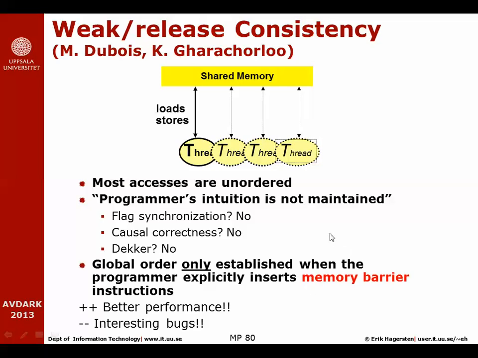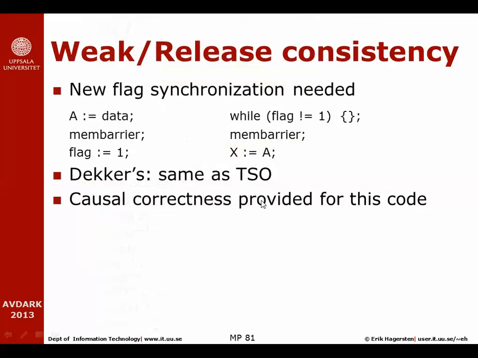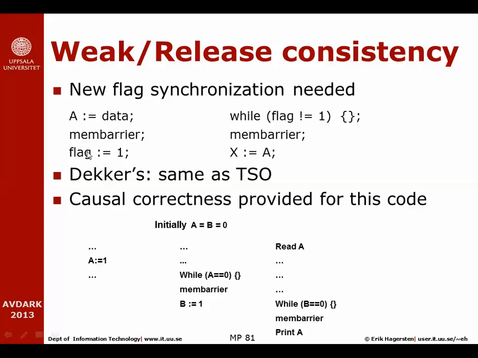For example, in the case of the flag synchronization, you have to insert a memory barrier after you change the value of A and you change the value of flag, to establish order between this store and that store.